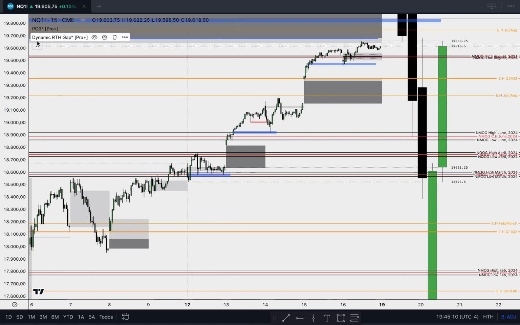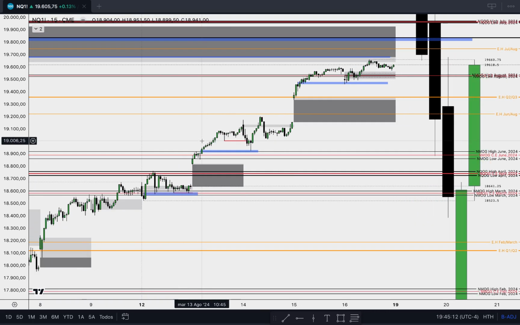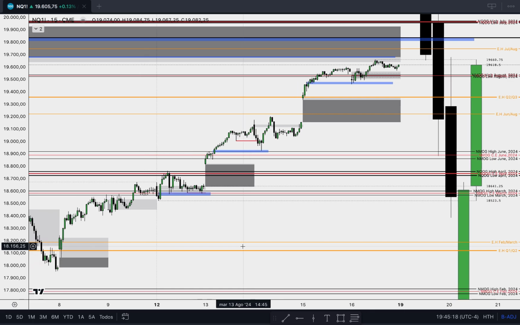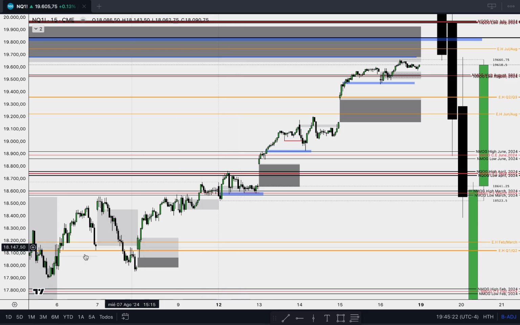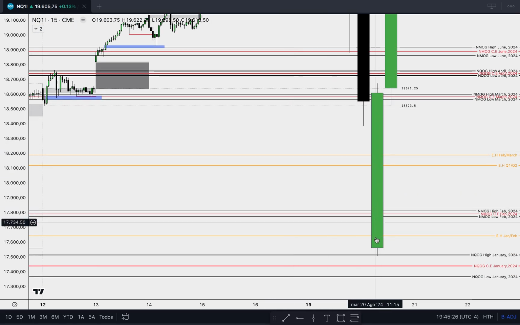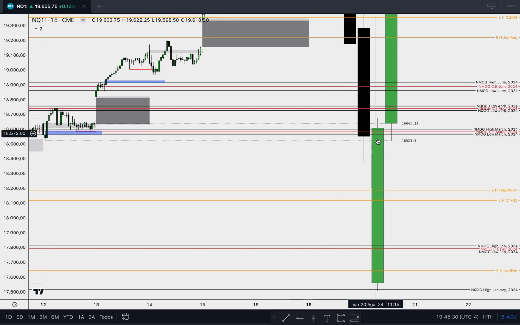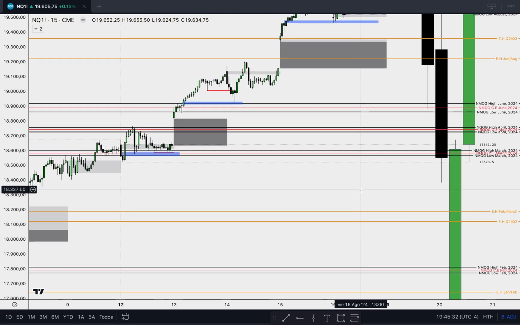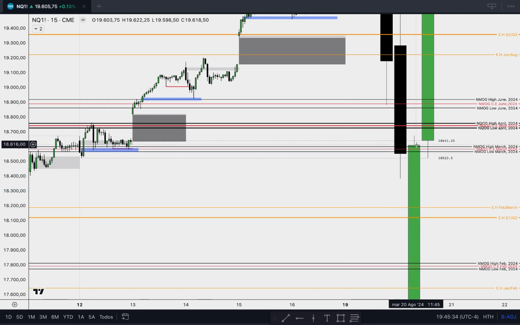range. Okay, so now this is the 15 minutes chart. This is, I think, the best chart to monitor the intraday price action. Okay, so now this is the previous candle range, the weekly range. Previous weekly candle on regular trading hours, and look how we close just above this new month opening gap.